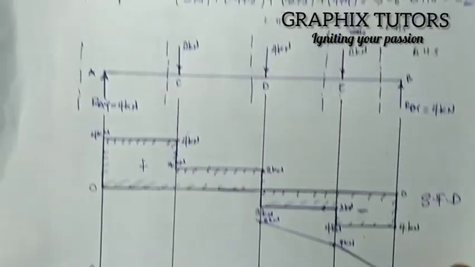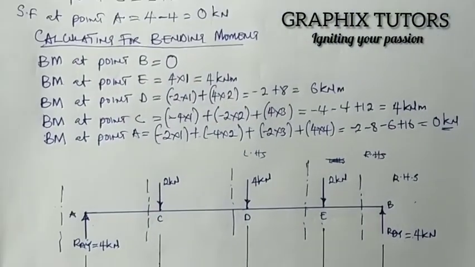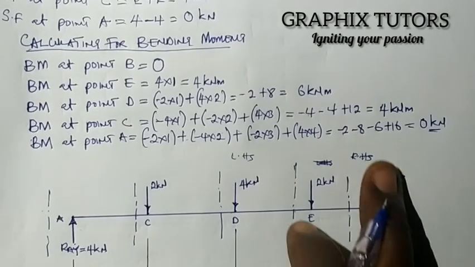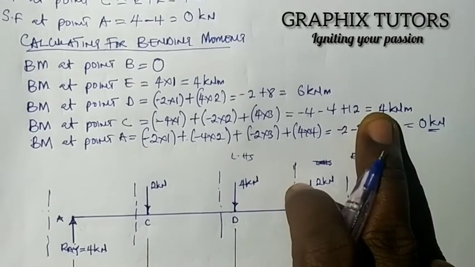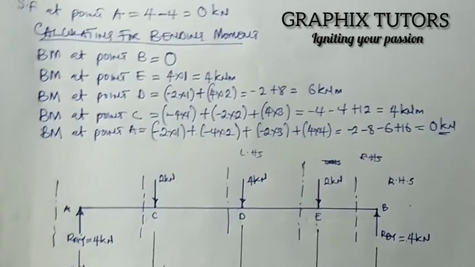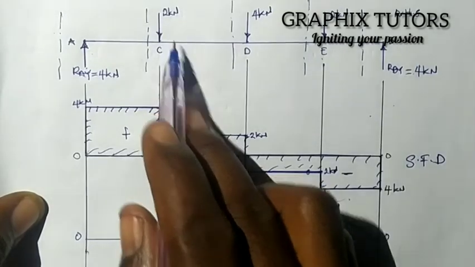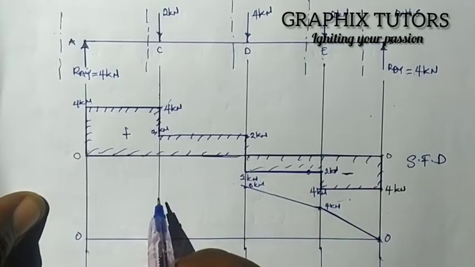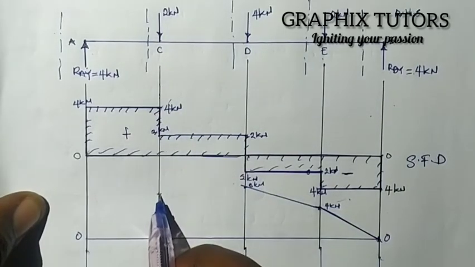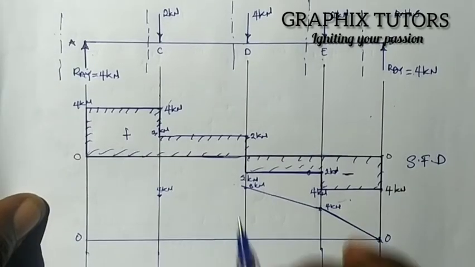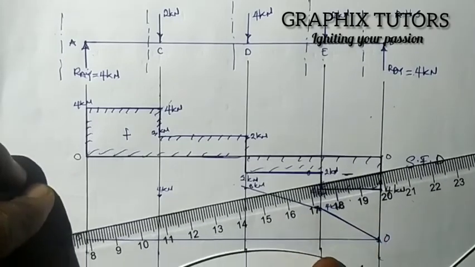Now the next one is at point C. At point C it is also what? 4 kilonewton also, right? So I'll go to point C. This is point C here, and it's 4 kilonewton somewhere around here also. I'm going to join this to this.